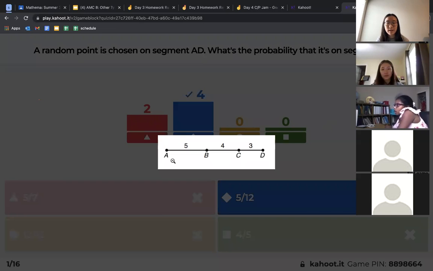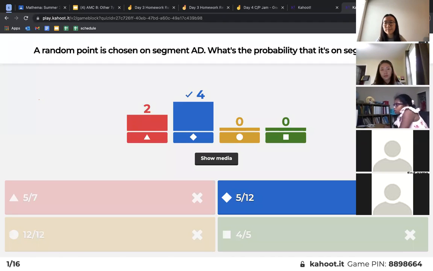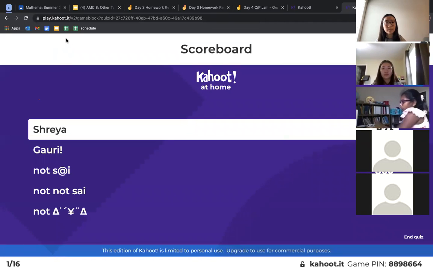Yep, so this one, segment AD is 12 units long. Segment AB is 5 of those units long, so it's 5 over 12. Okay, good job, Shreya.